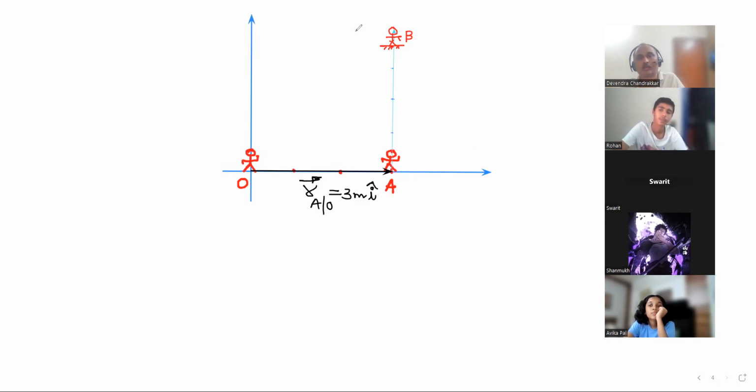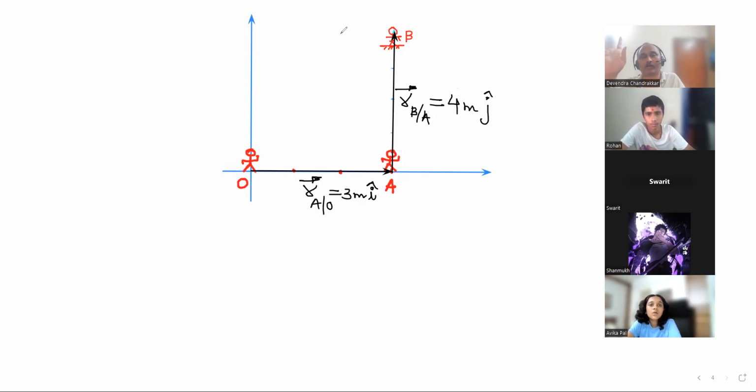And if we move from A to B, this is the position vector of B with respect to A. And what is it? It's 4 meters J cap. J cap is the direction of this vector pointing along the Y axis. Yes or no?